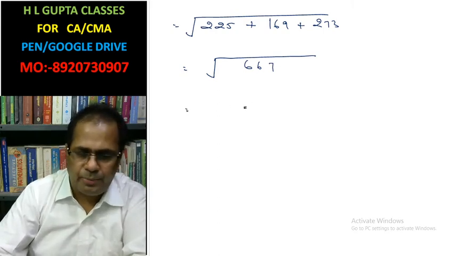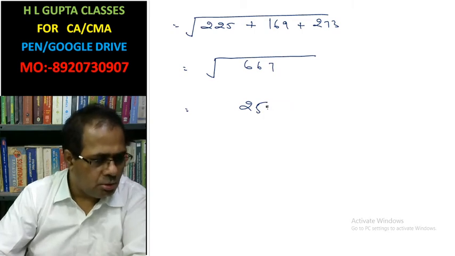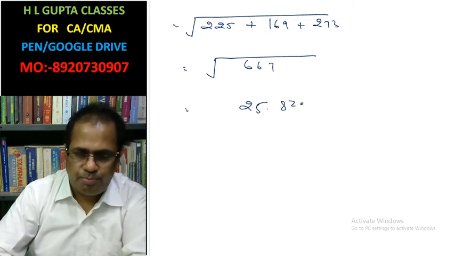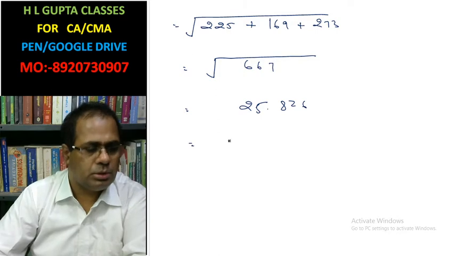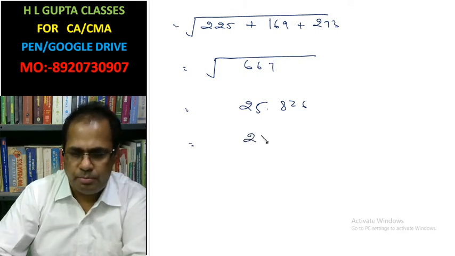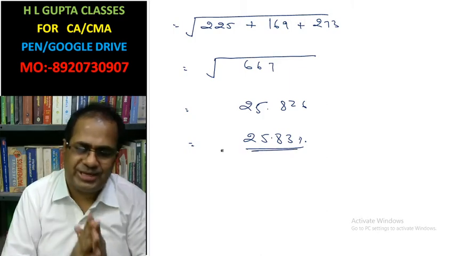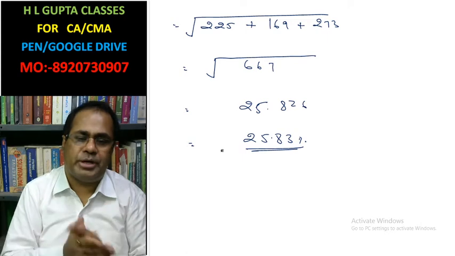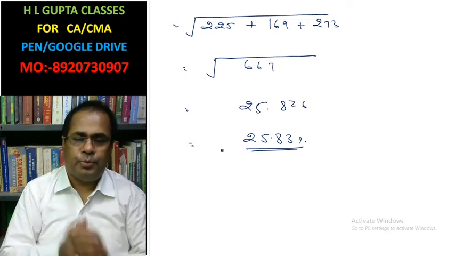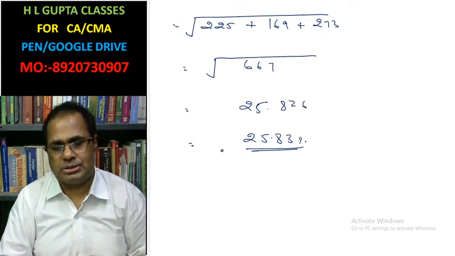That is 25.826, about 25.83%. In this case, we have calculated weights, portfolio return, and portfolio risk.